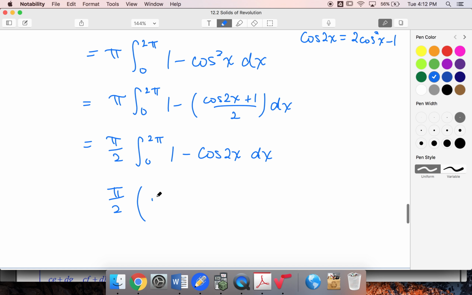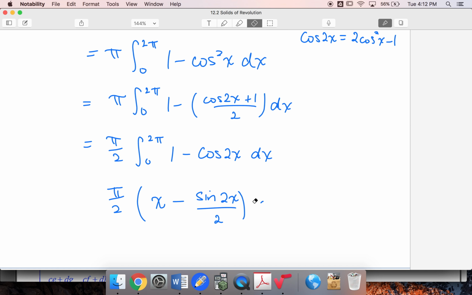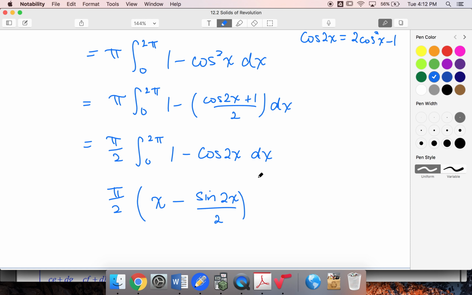So I'm going to end up with x minus the integral of cosine, which is sine. So I'll have sine 2x over 2. No more dx. Now I'm going to evaluate from 0 to 2 pi.